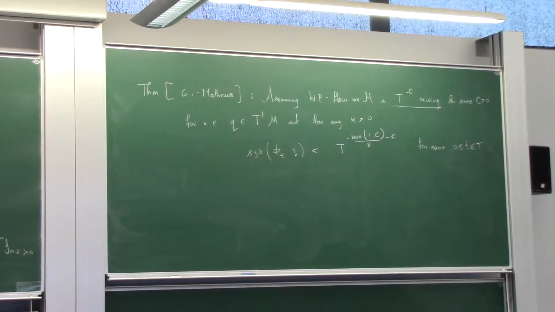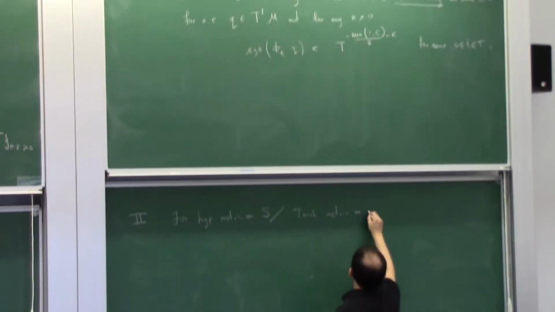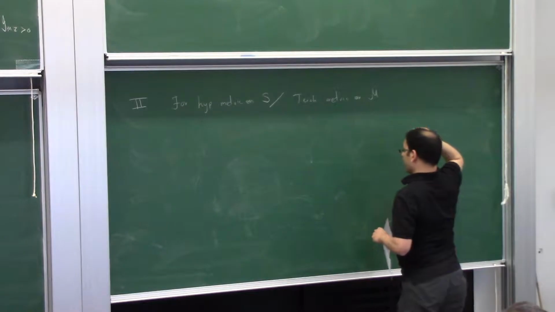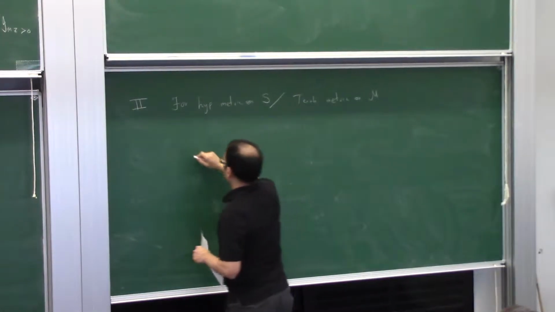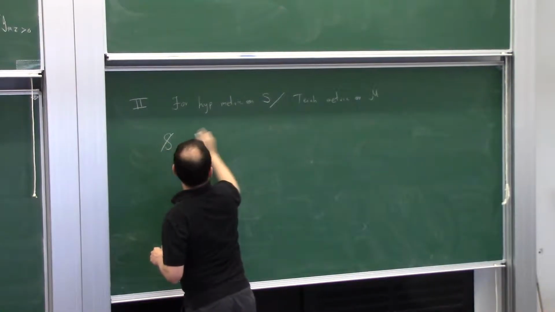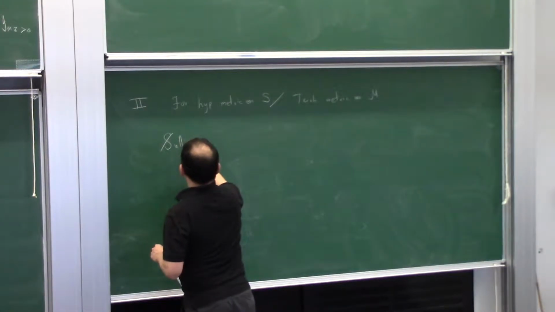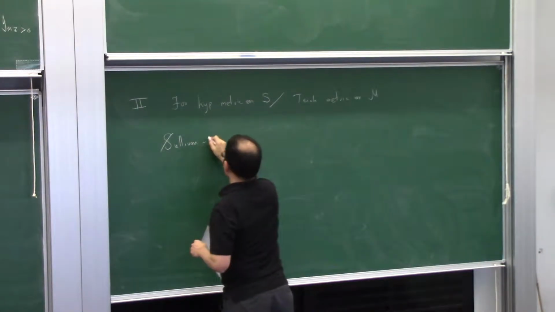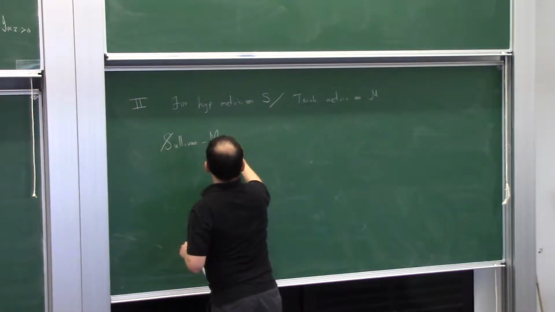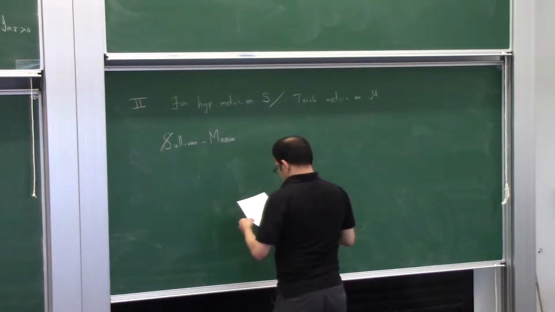So instead of the WP metric on a surface, if I take the hyperbolic metric, or you could take the Teichmüller metric on Mg, there are the logarithm laws. Sullivan in the first case and Masur in the second case say the following.